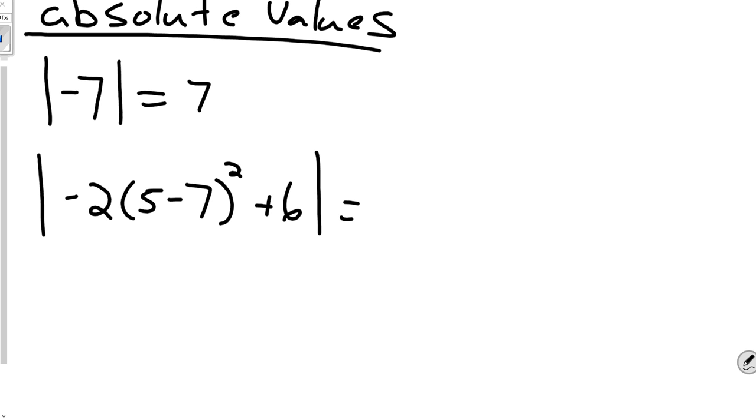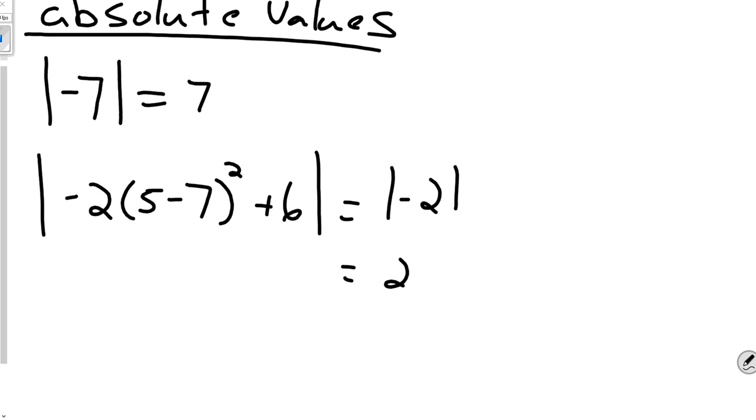So if you remember BEDMAS, brackets first, then exponents, multiplication, then addition. Right? Okay, so that's like 7.1.